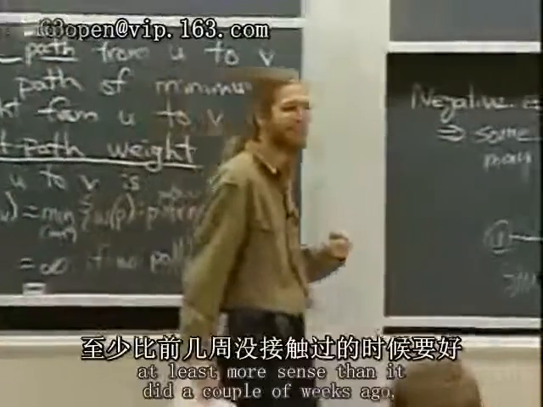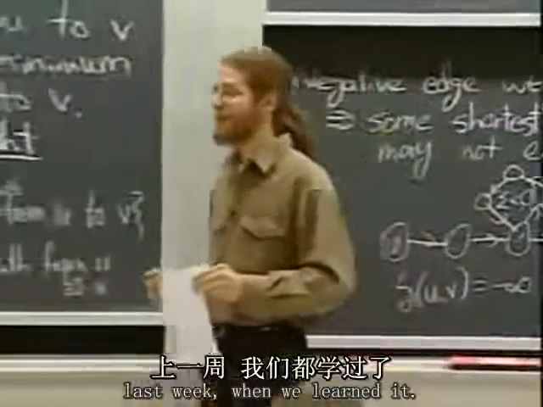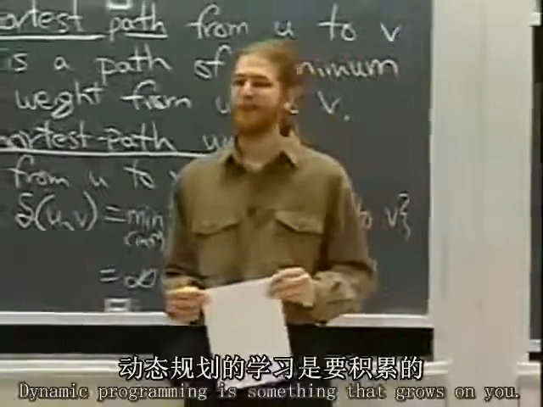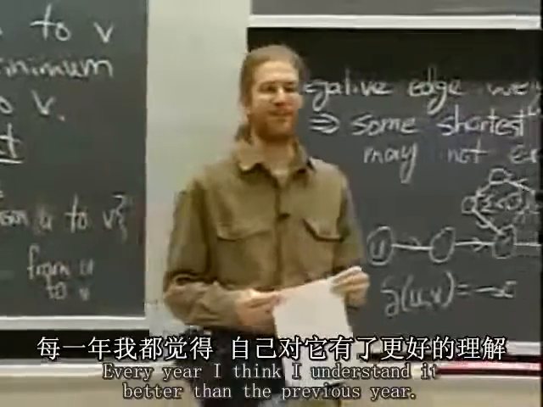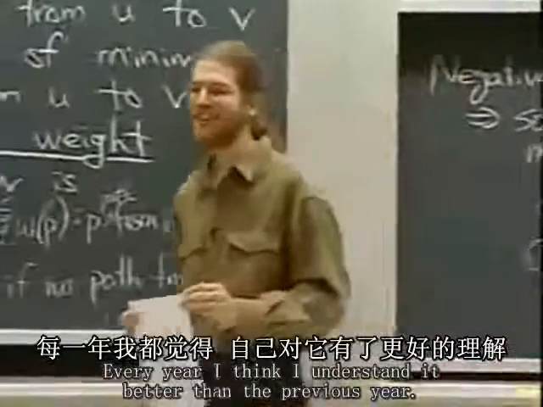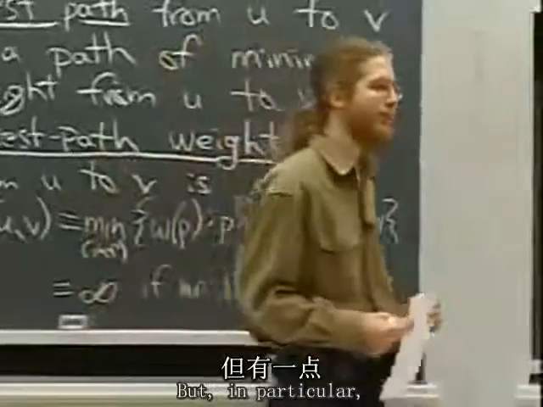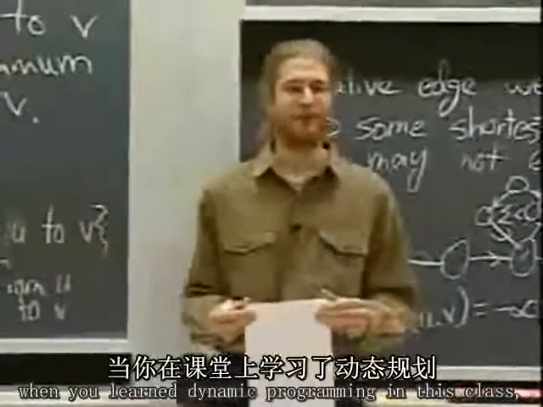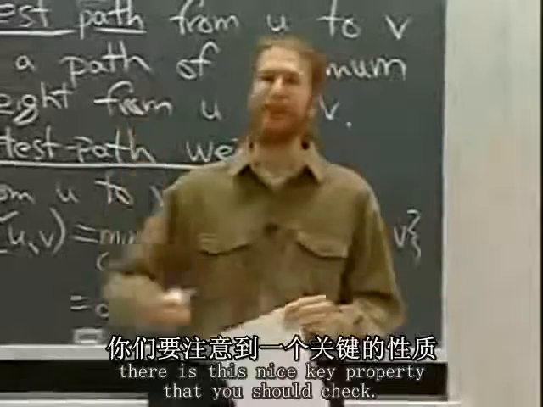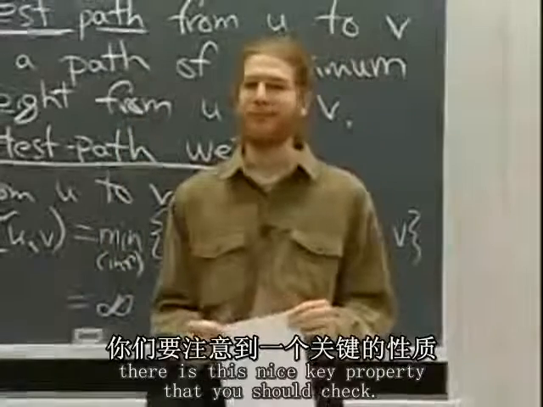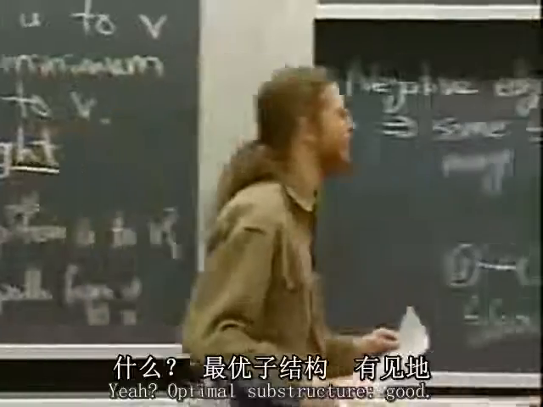Hopefully. At least more sense than it did last week when we learned it. Dynamic programming is something that grows on you. Every year, I think I understand it better than the previous year. But in particular, when you learn dynamic programming in this class, there's this nice key property you should check. Yeah? Optimal substructure. Optimal substructure, good.